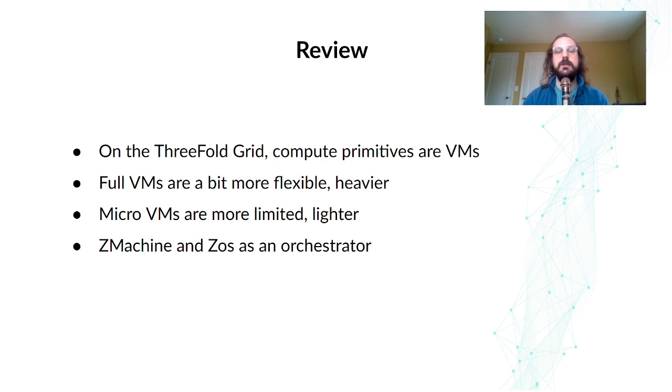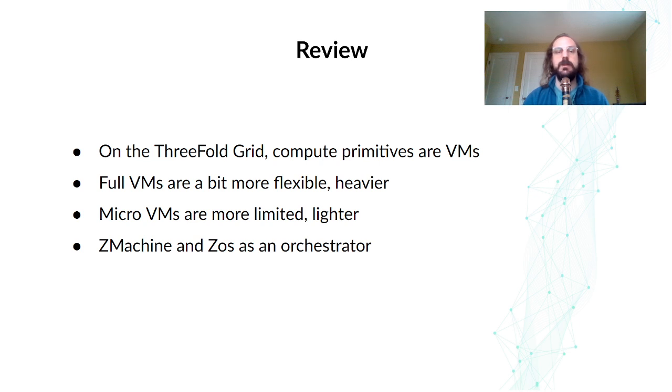And Z Machine uses ZOS as an orchestrator. So this means that by interfacing with ZOS through TF chain and the libraries that we have available, it's possible to develop a lot of cool things maybe that haven't been invented yet using ZOS as the orchestrator.